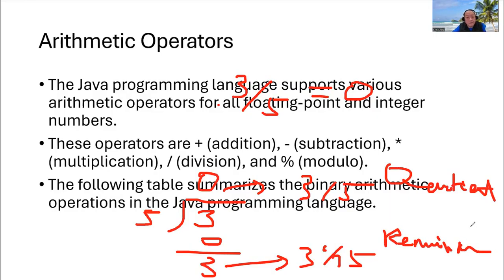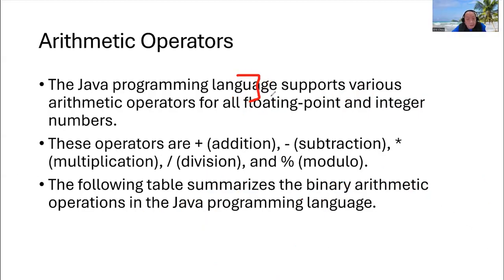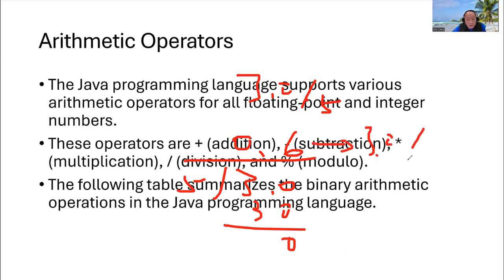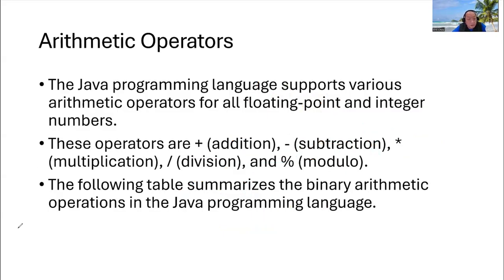Any questions so far? But if you have 3.0 divided by 5, you get 0.6, no remainder. Okay, you need to remember this.